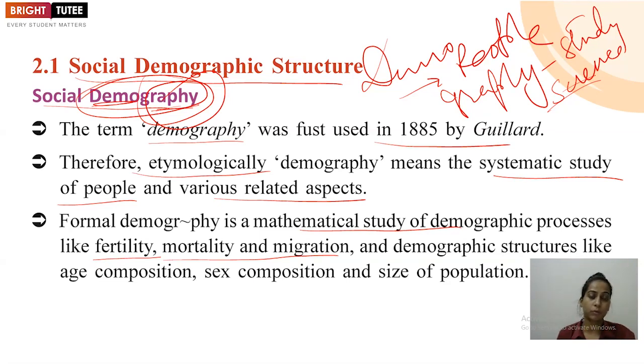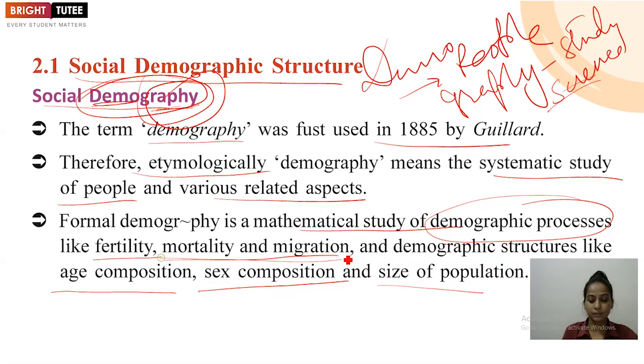For example, we'll discuss the age composition, the sex composition and the size of the population. So hopefully it is clear that for demographic processes, the factors we consider are fertility, mortality, migration. For demographic structure, we consider sex composition, age composition and the size of the population.